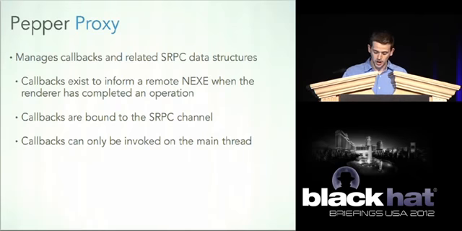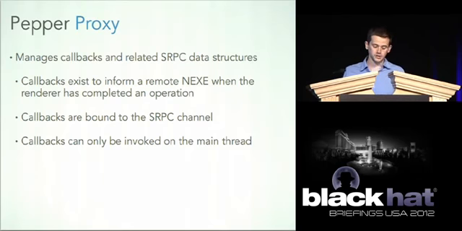So let's say you have a scenario where you have an untrusted Nexi module, and it wants to, let's say, use audio, for example. It wants to fill up an audio buffer with raw audio bits. Well, that could take a while. So it calls this audio interface, and it says, hey, here's this buffer, fill it up with audio data. I know it's going to take you a while, so whenever you're done, just call this callback.